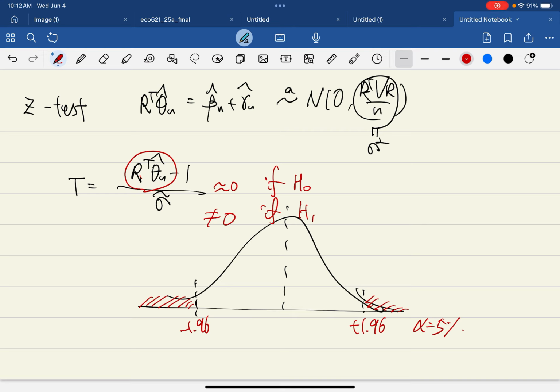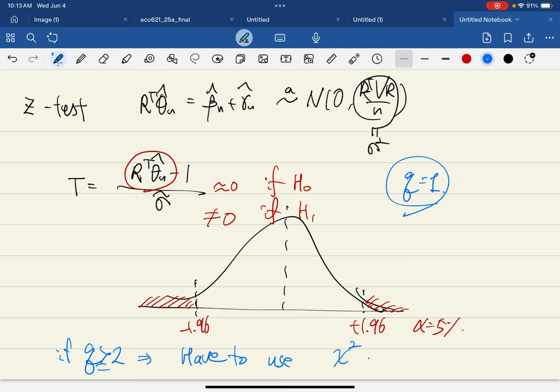You could use this because it is a one-dimensional test. When Q is 1, when you are testing only one single hypothesis, then you do not need to use the square, because in one dimension the distance is very natural to estimate, but if Q is greater than 2 or large, then you have to use chi-square, right?